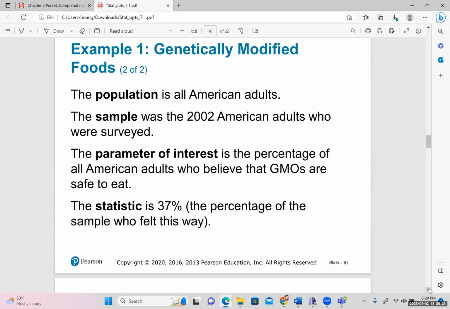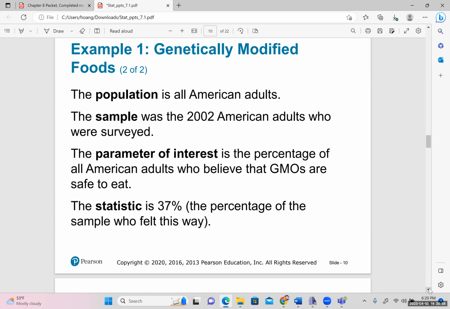Clearly the statistic in here is 37% of the people who feel that GMOs are safe. Keep in mind that a percentage is the same as a proportion, just in percent form.